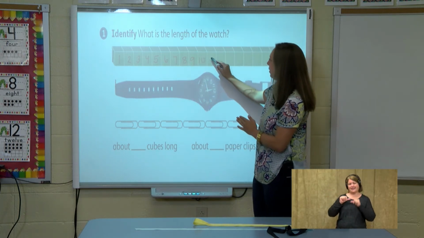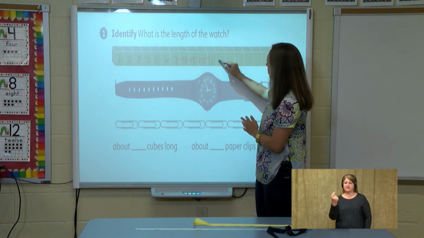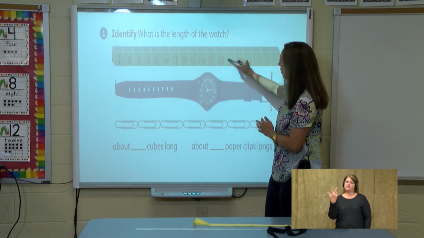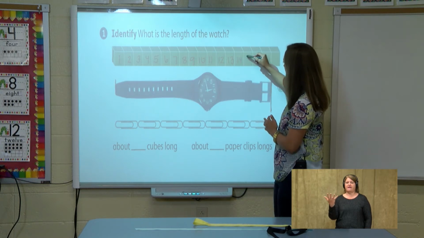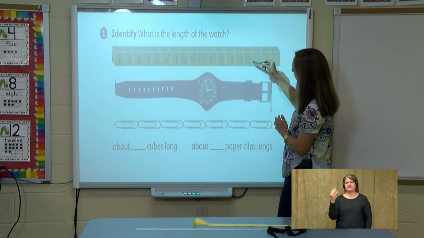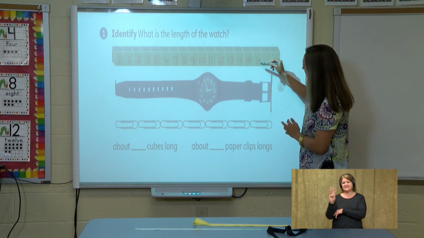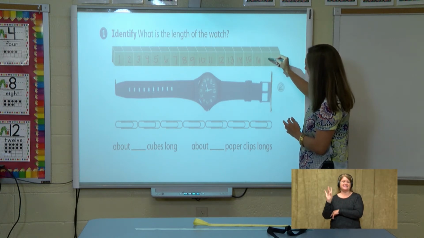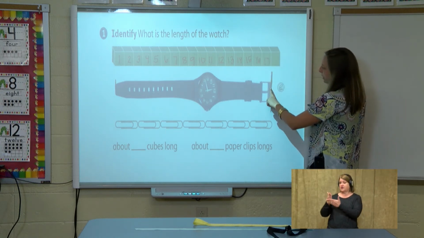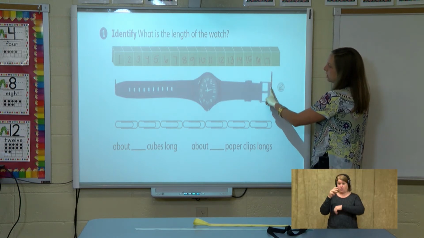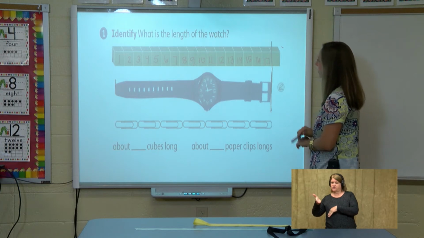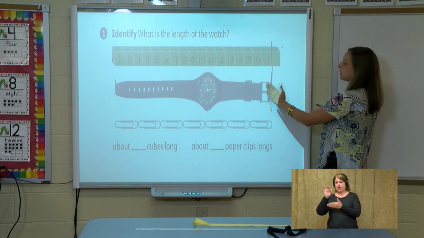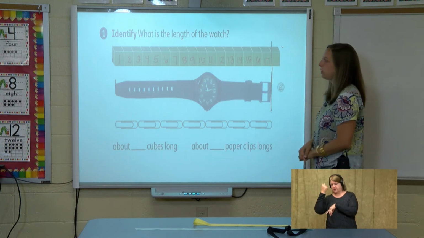Got to keep going. 11, 12, 13, 14, 15, getting close, 16, 17. I'm going to stop right here because the end of our watch ends right here. I'm not going to count this square because our watch doesn't continue.